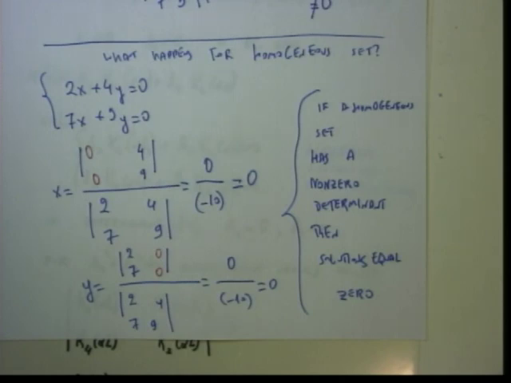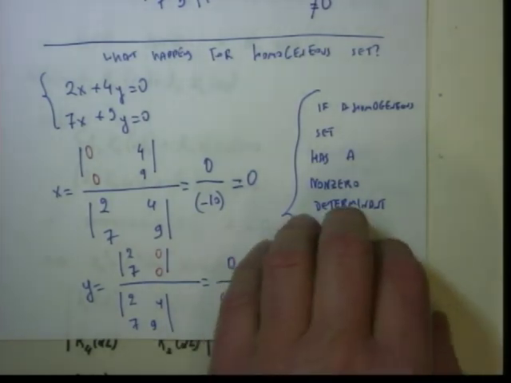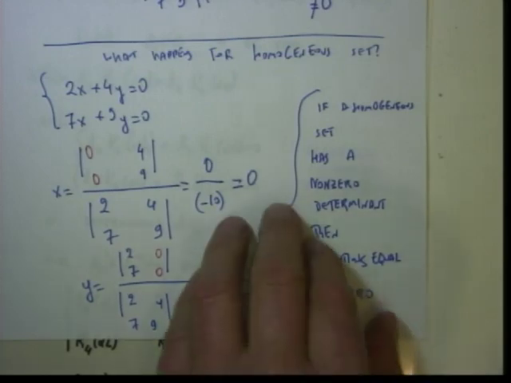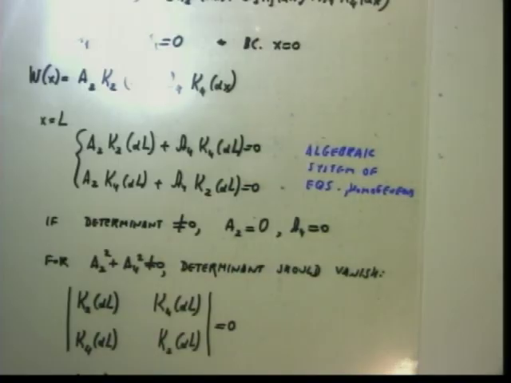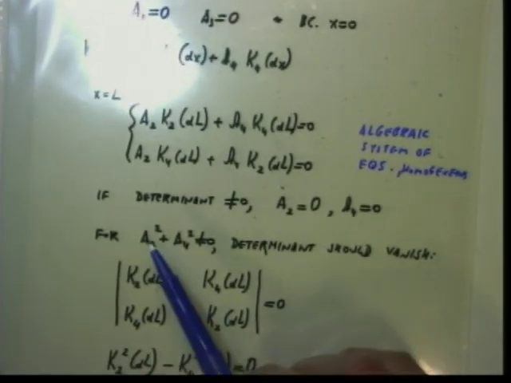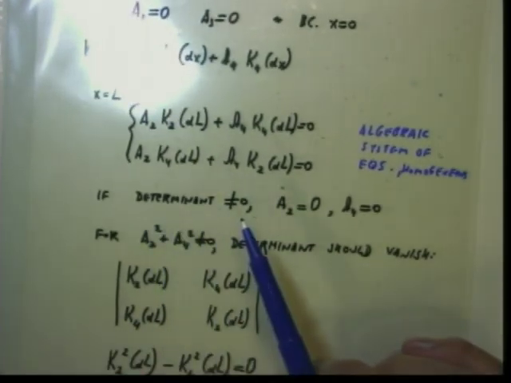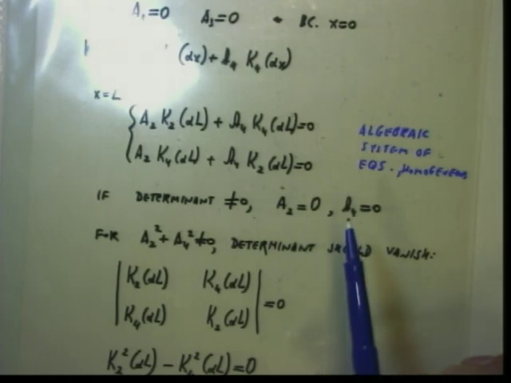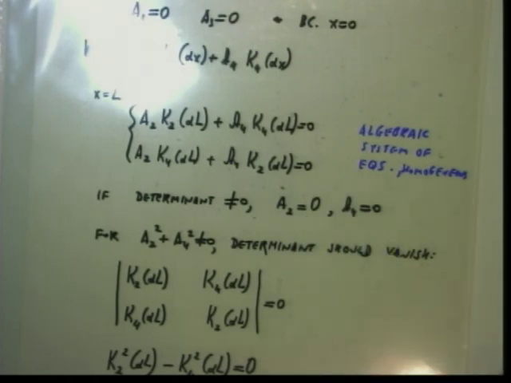Now let us come back to our problem. Here, if the determinant I wrote is not 0, then A2 and A4 are 0. That is very simple.